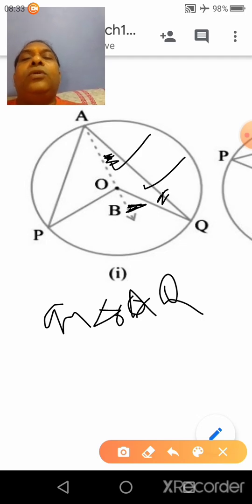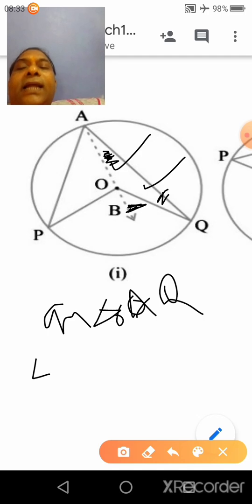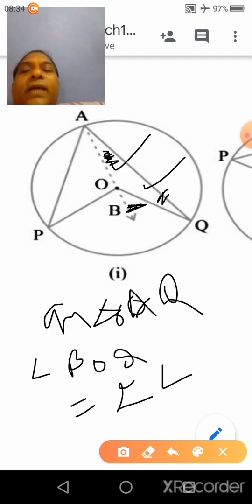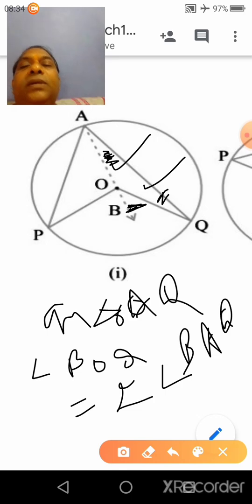So this angle will be twice of this angle. So you can write angle BOQ will be equal to twice of angle BAQ. Clear?